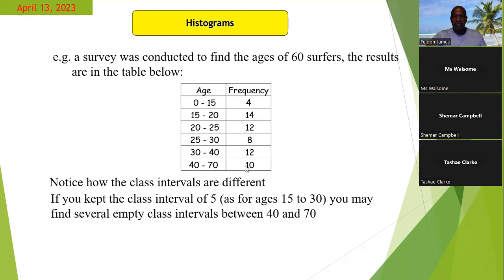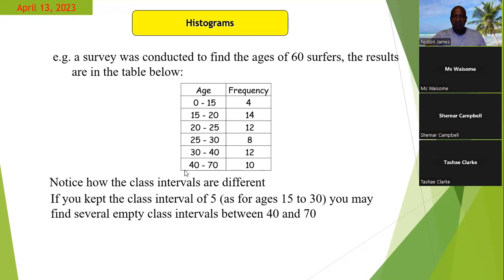Because between 40 and 70 there are only 10 values within that interval. Because you have fewer data between 40 and 70, they don't bother to keep the interval. If you're doing the interval every 5, like from 25 to 30, from 30 you go to 35, because you want to keep that interval going.